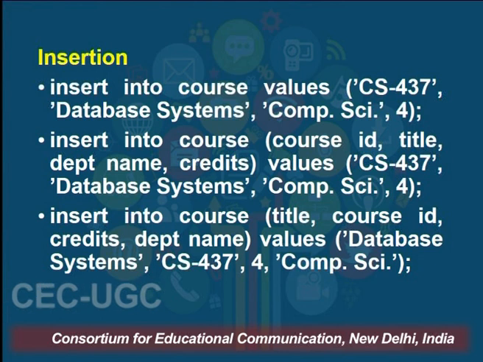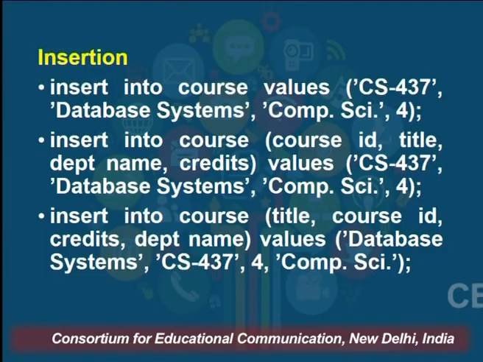We can just mention the values, and we will say insert into course values. The first value will go inside the first attribute, the second value will go inside the second attribute, but please be careful about the matching of the domain types. This query can also be written in a clearer way, in which we write the names of the attributes and what value will go inside those attributes.